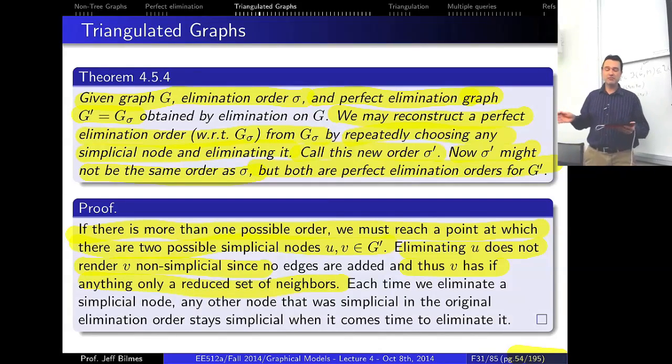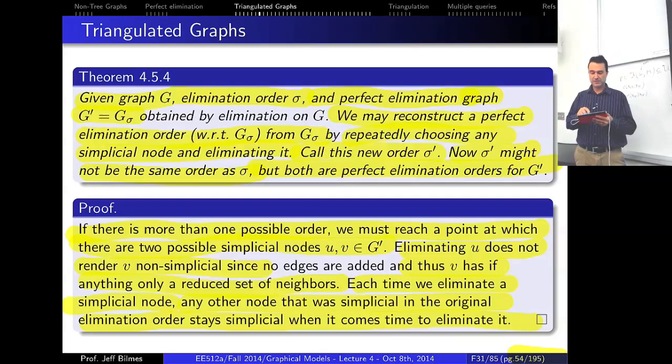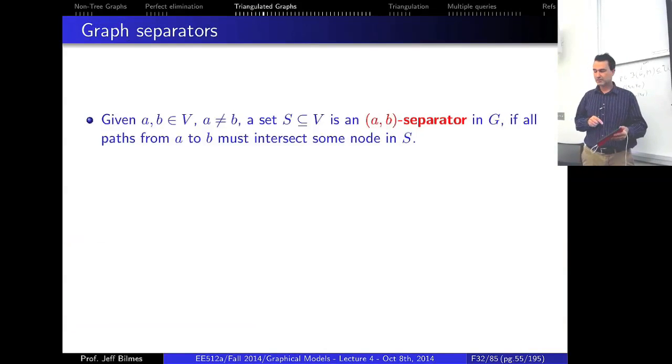So that basically means that v remains simplicial. So each time we eliminate a simplicial node, any other node that was simplicial in the original elimination order stays simplicial in the new elimination order when it comes time to eliminate it. So both elimination orders work, and they're both perfect elimination orders.